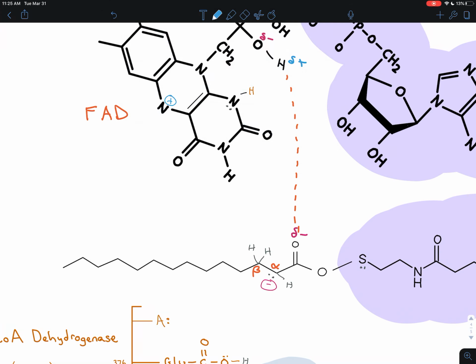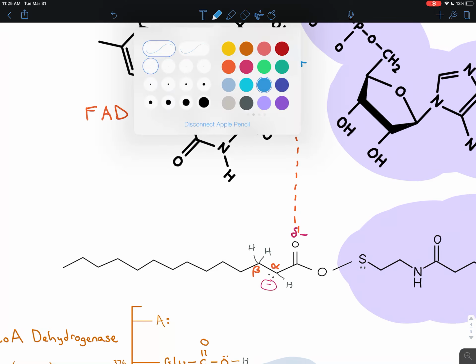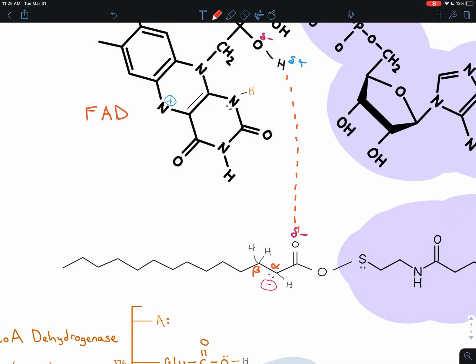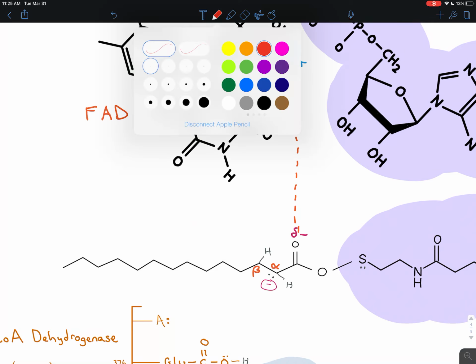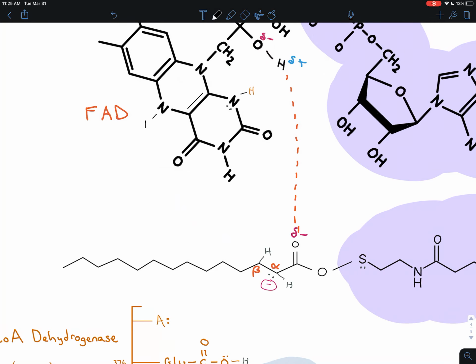And that creates the sink that pulls one of these hydrides away. Remember, a hydride is a hydrogen atom with 2 electrons attached. And so both of these electrons with the hydrogen atom can go and attach themselves to the nitrogen. So that nitrogen then would have the hydrogen on it.